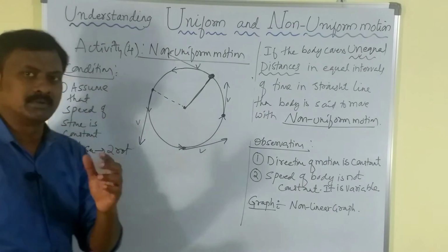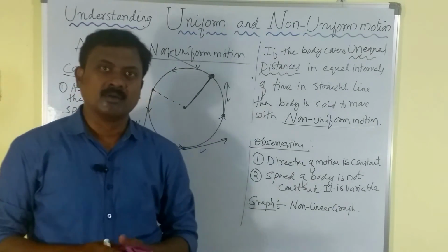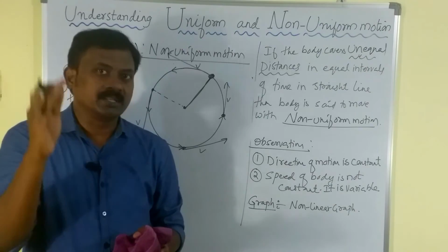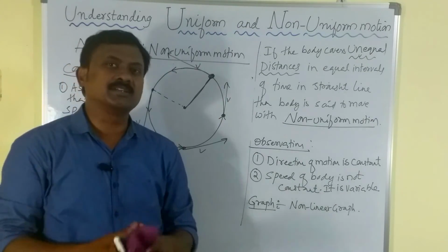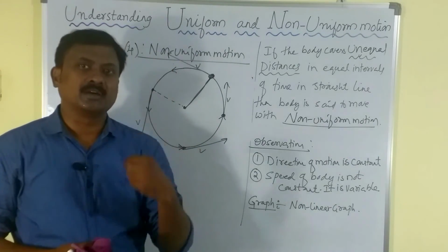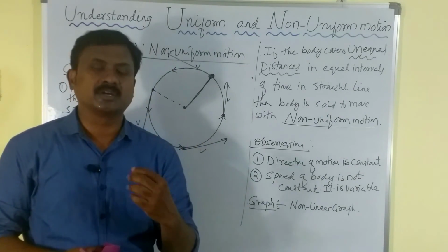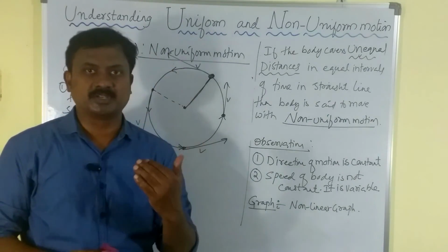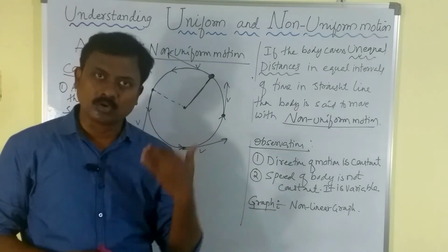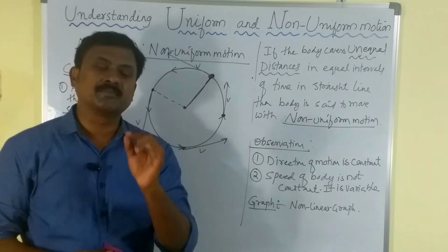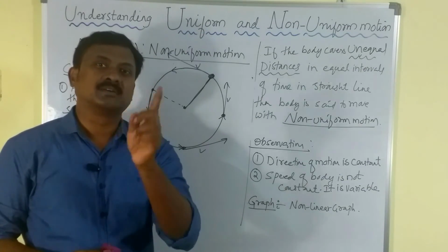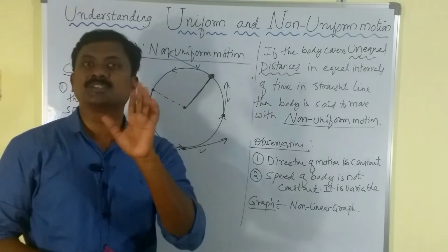For example, if you switch on a fan, in the initial stages the speed is increasing. For 1 second it may move 2 rotations, another second 3 rotations, another second 4, 5, 6 rotations. Like that, the speed is increasing. After some time, it rotates with uniform speed, that is, the speed is constant.